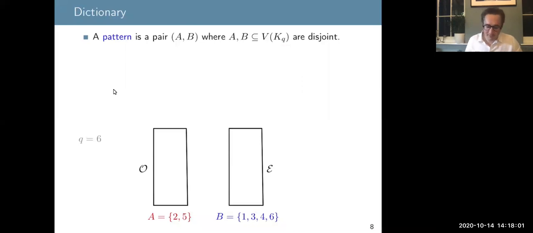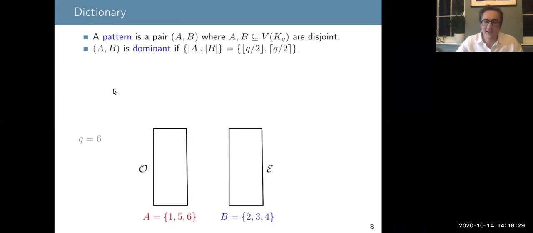And what this means is I'm going to be coloring one side of my sublattice with colors from set A and the other side with colors of set B. And notice that any assignment of colors 2, 5 here on the left and 1, 3, 4, 6 on the right is a legitimate 6-coloring, because we only have edges going across here. This is a bipartite graph.